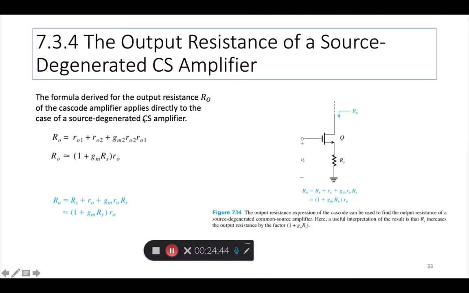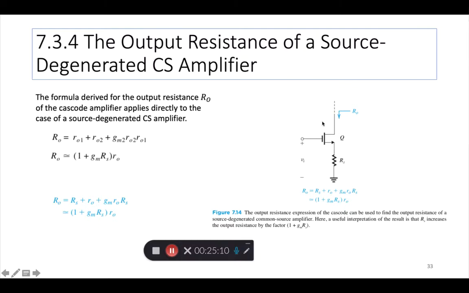A source degenerated CS amplifier just means that it's a common source amplifier which has a resistance in the source terminal, right? So we've seen this before. We just said a source resistance, right?